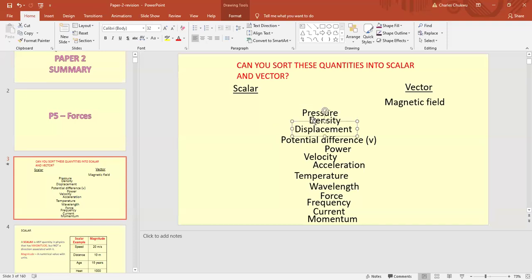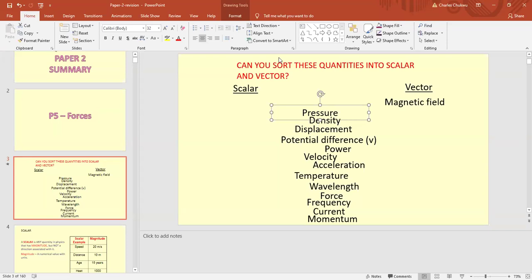Density is mass per unit volume. That one doesn't have direction at all, so it is scalar. Displacement is the vector equivalent of distance. How I usually remember it is that distance can be in any direction.